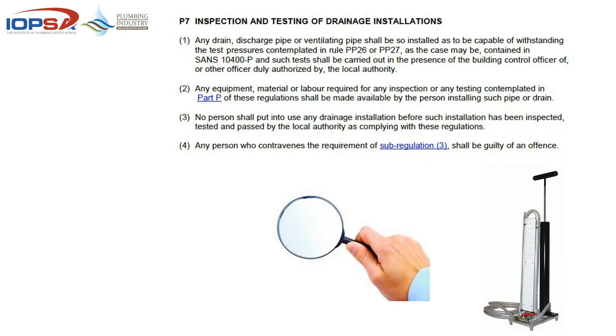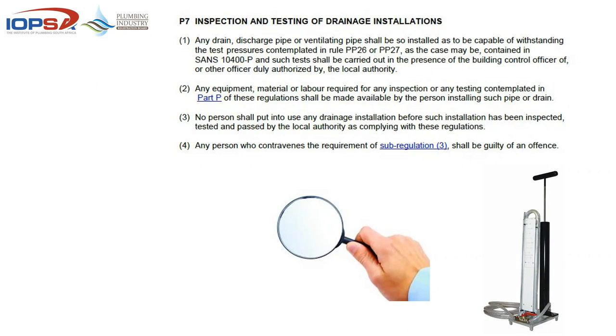Just a quick note on number 3, if we read the whole thing: inspected is one component, tested is another component, and passed is a completely different setup. Sometimes we get to site and the contractor or the developer will tell you the municipality's been there, they've done the inspection, and then when you inquire as to the outcome, you'll find that they actually failed on the pressure test, or they failed on the bore test, or it wasn't according to plan.